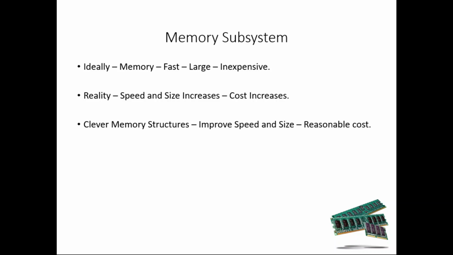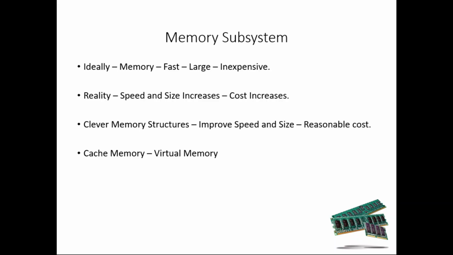But that should not happen. Is there any way to organize memory effectively so that the speed and size improve, but the cost does not increase that much? That is our goal. So how do we do that? That's what we are going to discuss in this chapter.